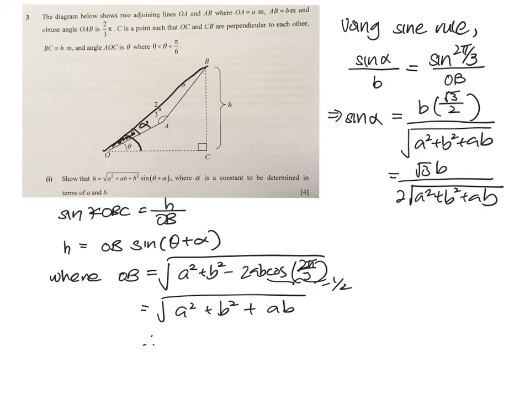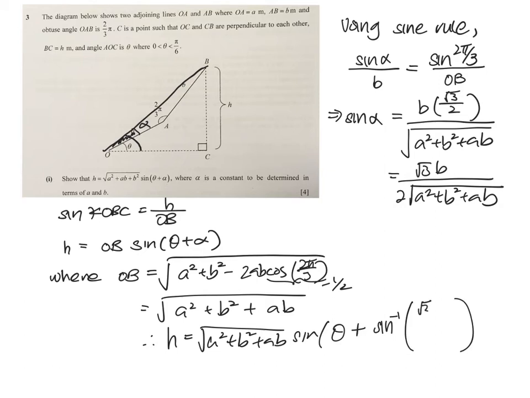So therefore, we are able to show that h is OB sine theta plus alpha. And alpha is sine inverse square root 3b over 2 square root a square plus b square plus ab. So this is the alternative method to show h.